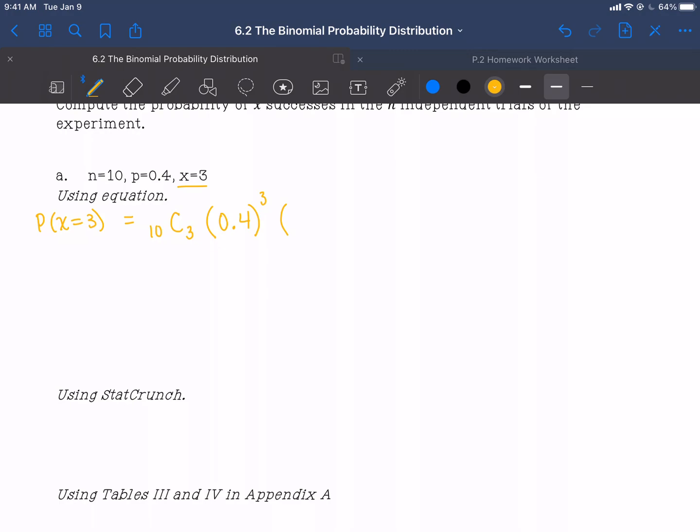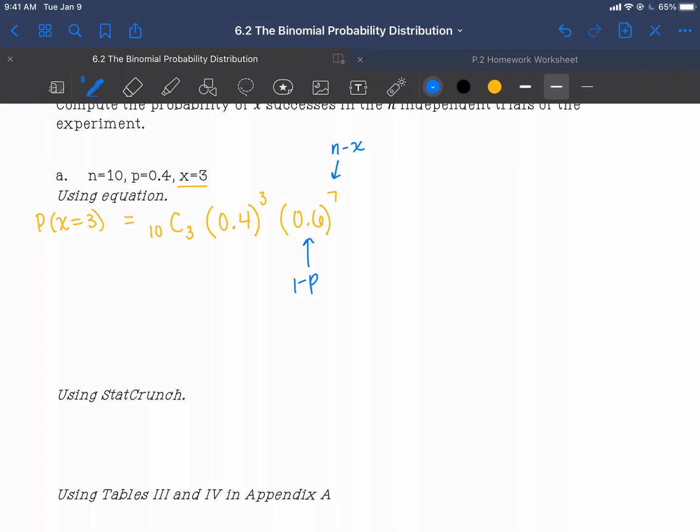So 1 minus 0.4 is 0.6, raised to the n minus x, which would be 10 minus 3, which is 7. So this is the number 1 minus p, and this is the number n minus x. Notice my exponents, 7 plus 3, add up to my total number of trials. That's going to be true every time.